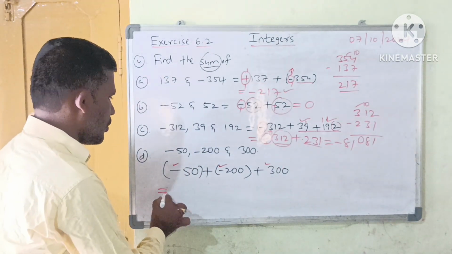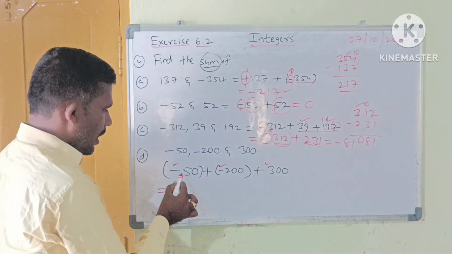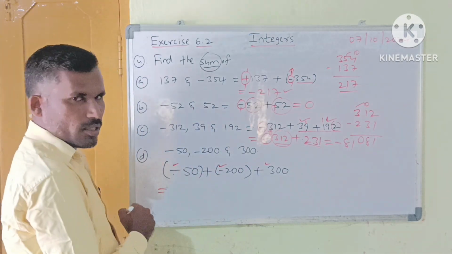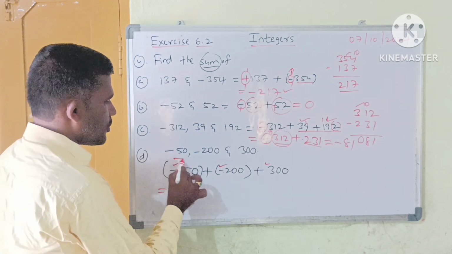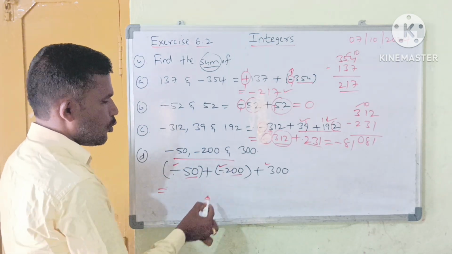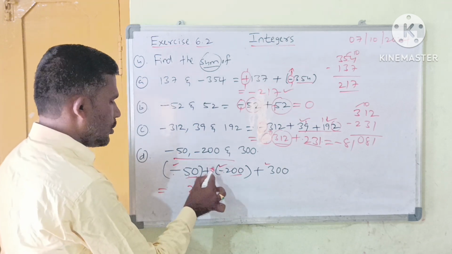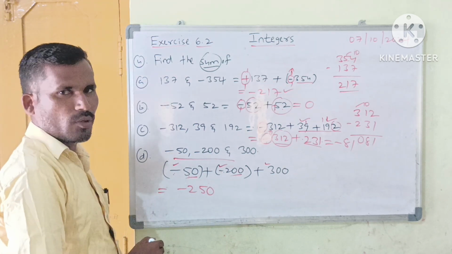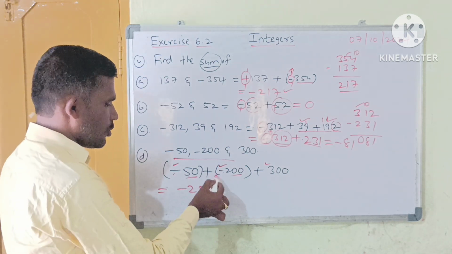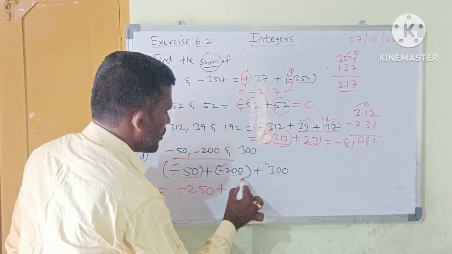As in the previous problem, in this method we add the first two negative integers first. Adding 50 and 200 gives 250. Both have which sign? Minus only. So adding these two, we get minus 250, plus 300.